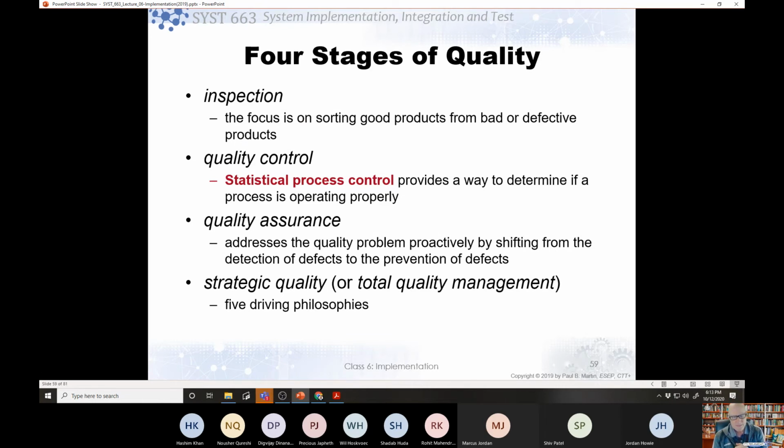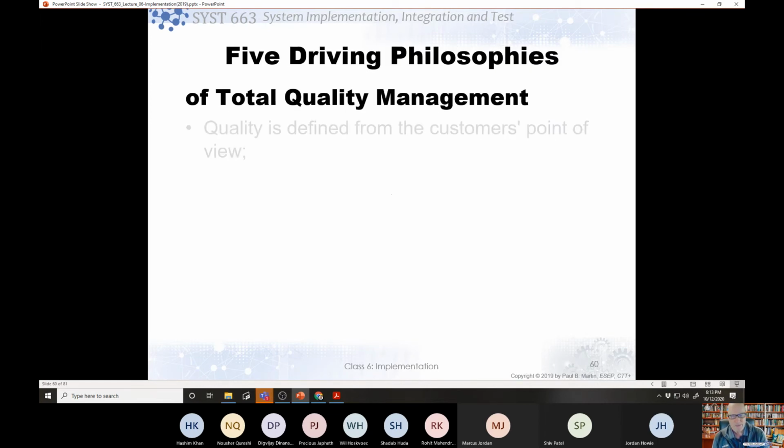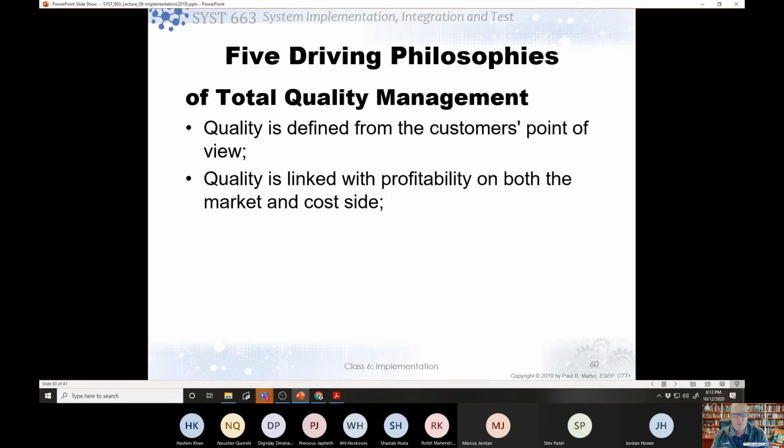Quality assurance actually looks at being very proactive: this will be a problem, how can I prevent it? But of course, if you drive it using the 5 driving philosophies of total quality management, you could actually work that a little better. And basically what you're trying to do is get quality from the customer's point of view and link that to the profitability, both from the market and the cost side.